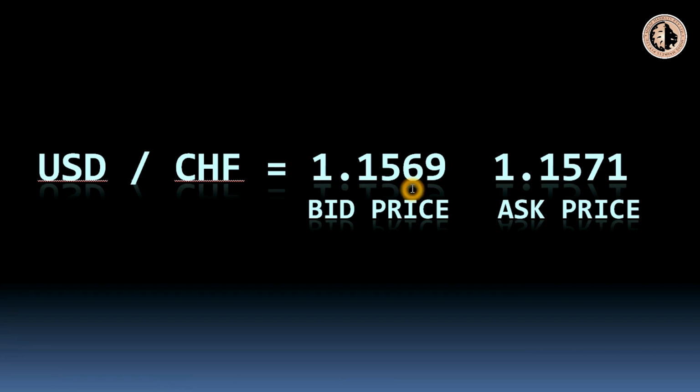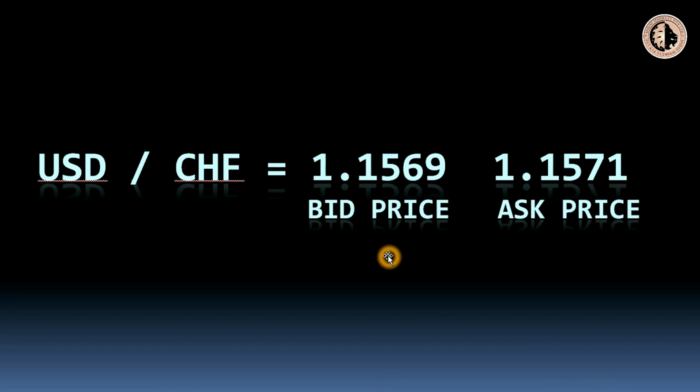Now, there will be 2 prices given to you. One is 1.1569 and the other one is 1.1571. Now, this is not the current price for the dollar Swiss in any way. These prices do change and fluctuate all the time. So it depends at the time what the price for the currency pair is. So this is an example. It's not the current price. So you're given two prices there.